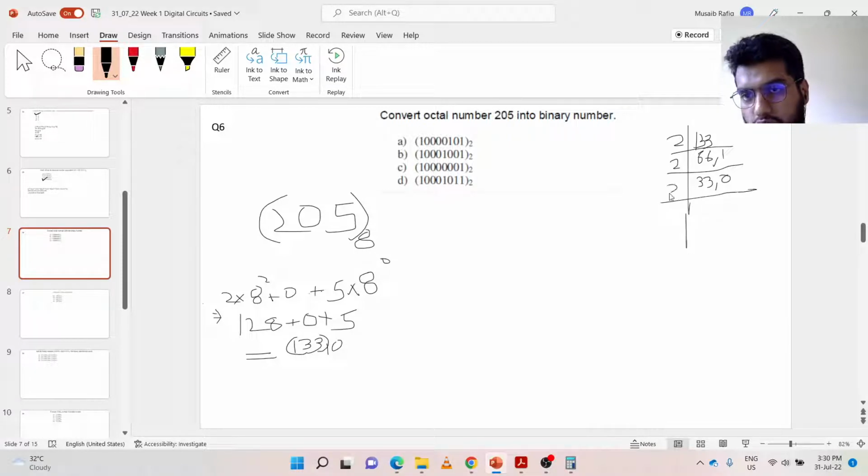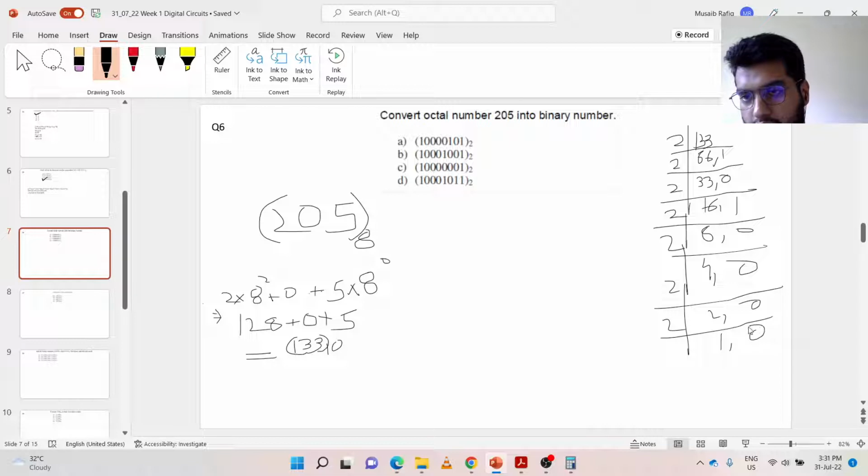Then 2 multiplied by 16 is 32, remainder 1. 2 multiplied by 8, remainder 0. 2 multiplied by 4, remainder 0. 2 multiplied by 2, remainder 0. And 2 multiplied by 1, remainder 1. So we just write from the bottom, and our number is 10000101. That is option 1.